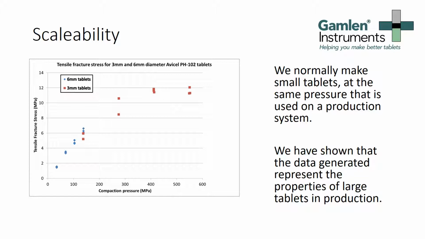Using this study, combined with data on tablets of other shapes, has shown that the tensile fracture stress of a tablet is independent of tablet size for tablets of 3 mm diameter and upwards. So we can use data generated on small tablets on the Gamlen instruments to accurately predict the properties of large tablets.